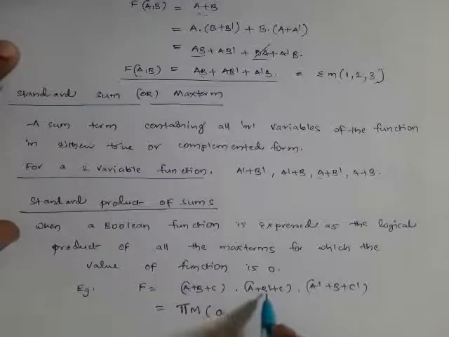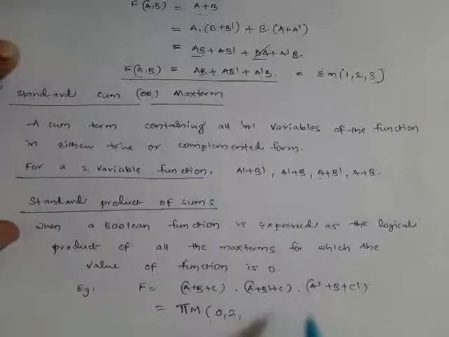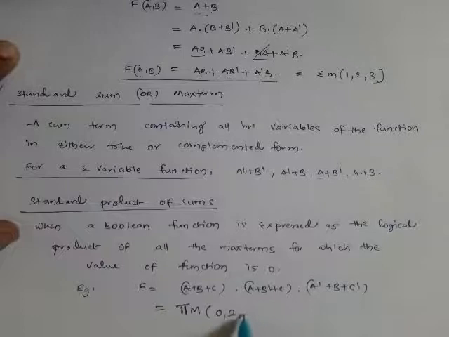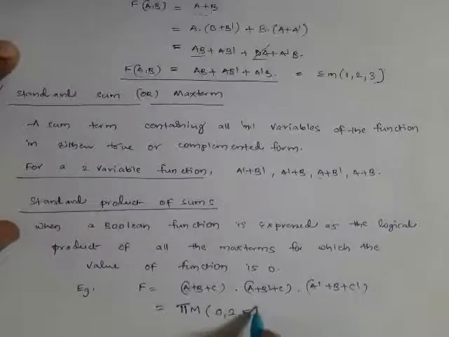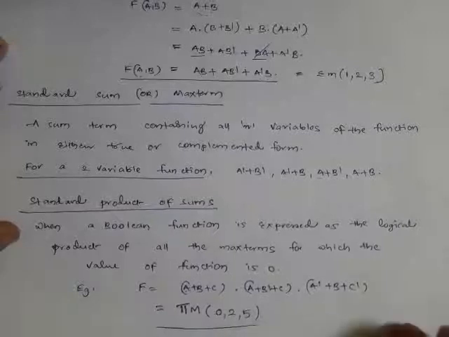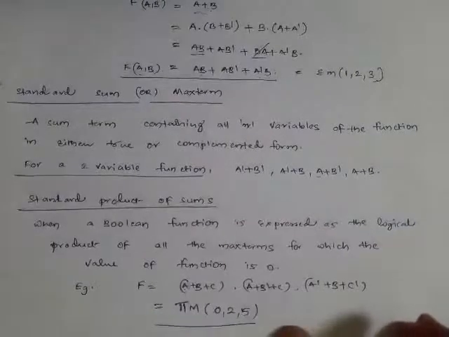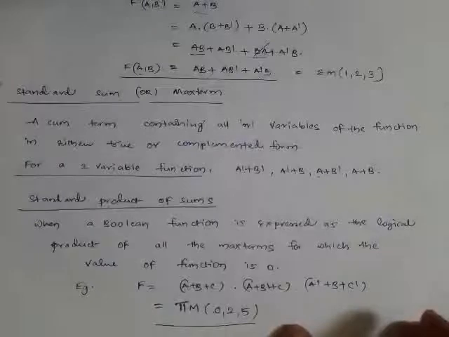This one represents 010, the decimal equivalent is 2, and this one is 101, the decimal equivalent is 5. So this expression can be written this way. This completes the lecture on the representation of logical functions in standard forms.